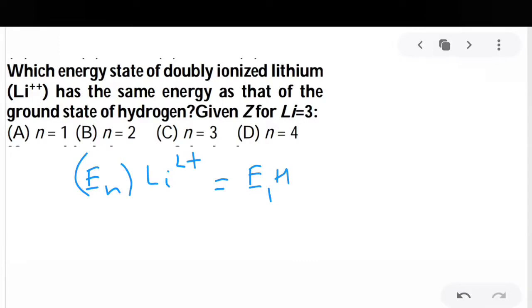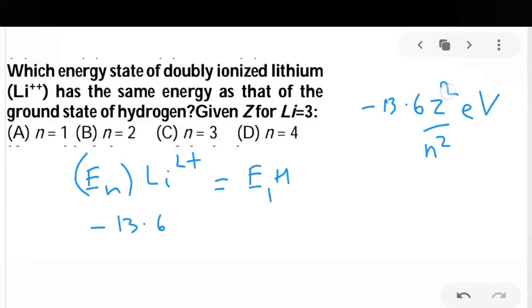So for lithium, it is minus 13.6 Z square, where Z is 3.